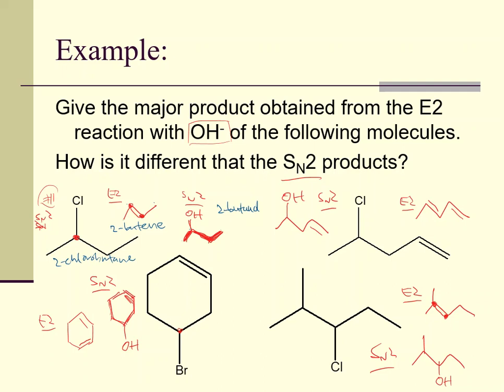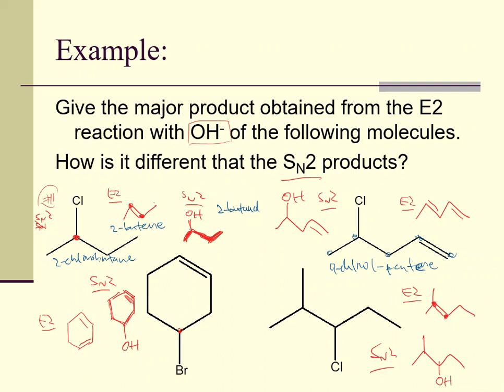Let's look at my next one. How do we name this starting reagent? 1, 2, 3, 4, 5. So this is a pentane. But actually it's a pentene because of the double bond, and it happens at spot 1. And then 1, 2, 3, 4 down, we have a chloro group. 4-chloro-1-pentene.